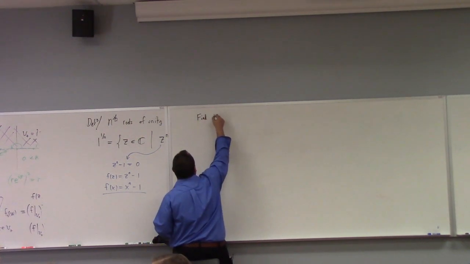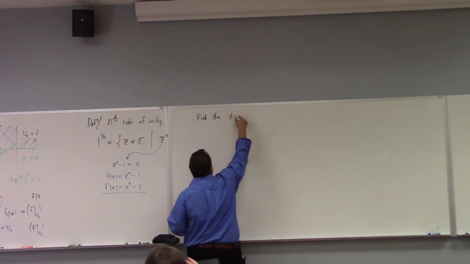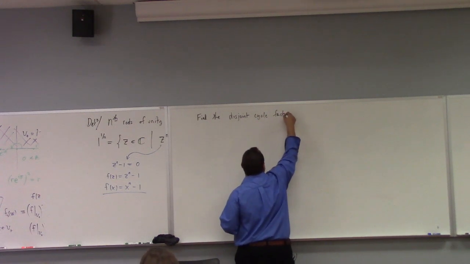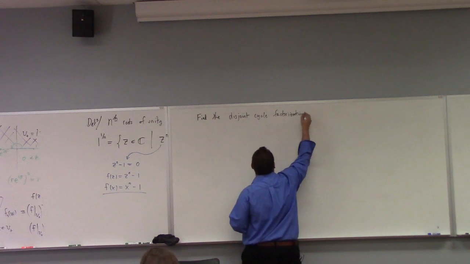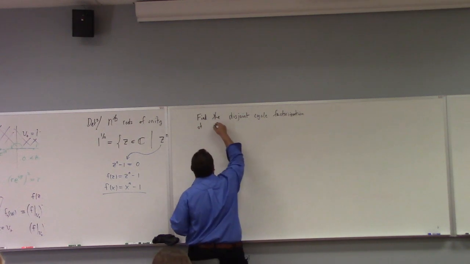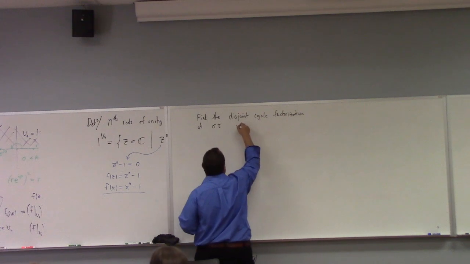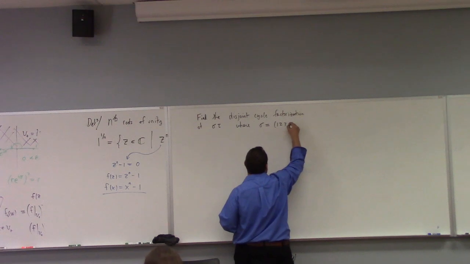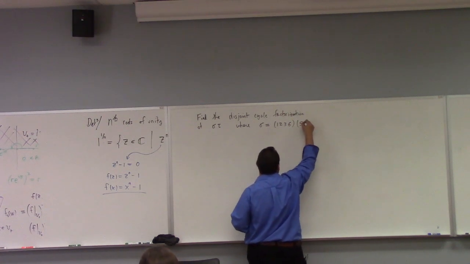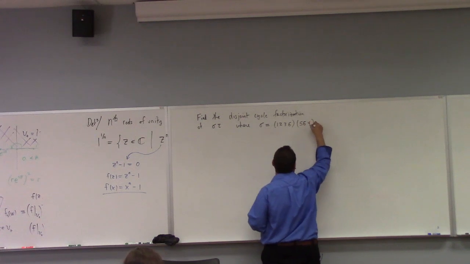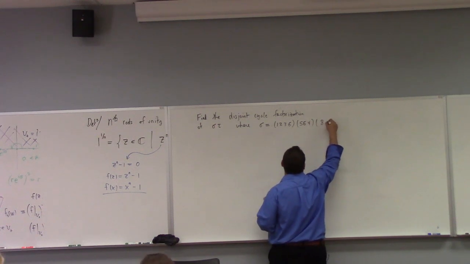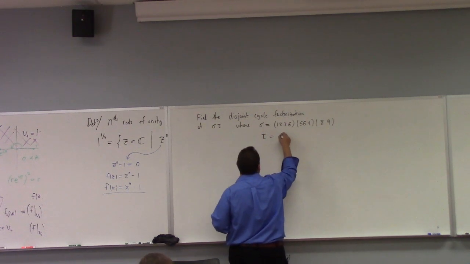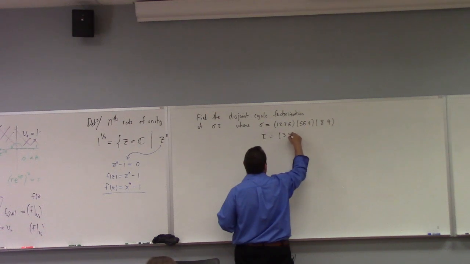Find the disjoint cycle factorization of sigma tau, where sigma is (1 2 3 6 5 6 4 8 9) and tau is equal to (3 5 7).